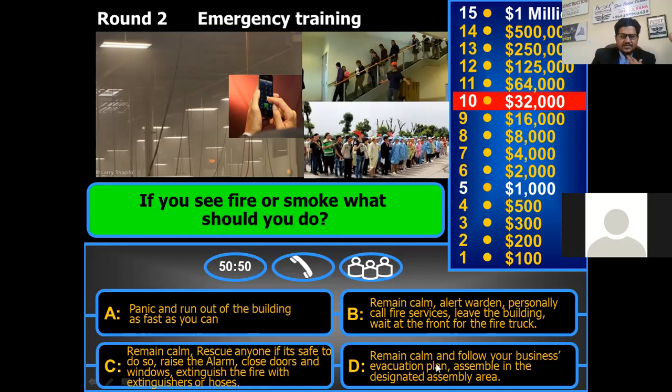Okay, guys, D is more logical and standardized also, because remain calm and follow your business evacuation plan, assemble in the designated assembly area. Basically, this question is for all the general workers, not only for the firefighters, by the way.